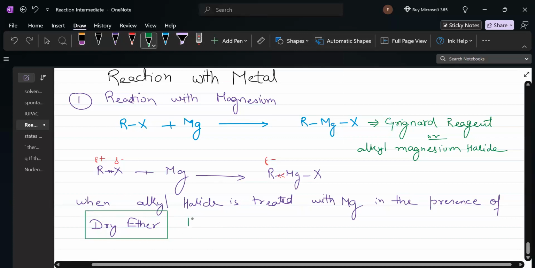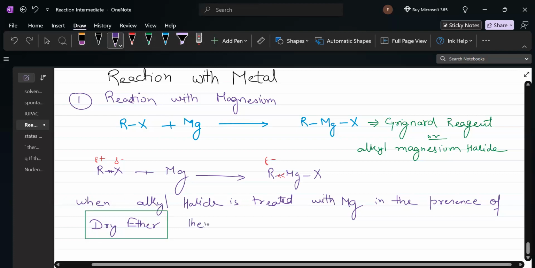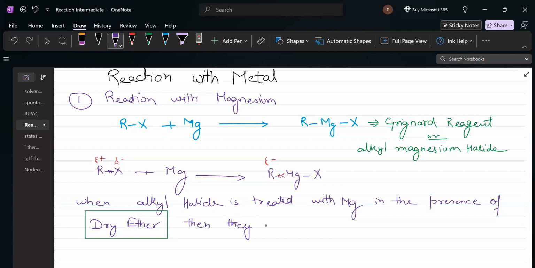Then what happens? That is why I have marked this dry ether as important. You also make a box around it.